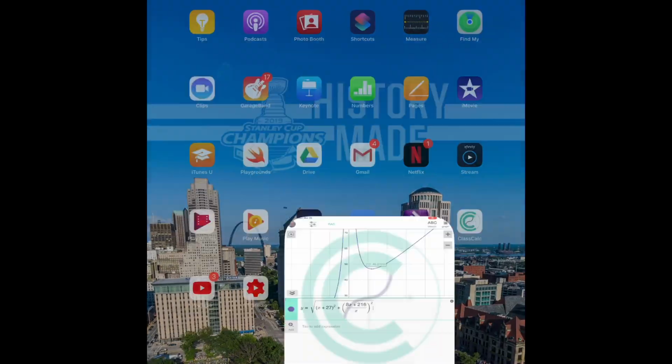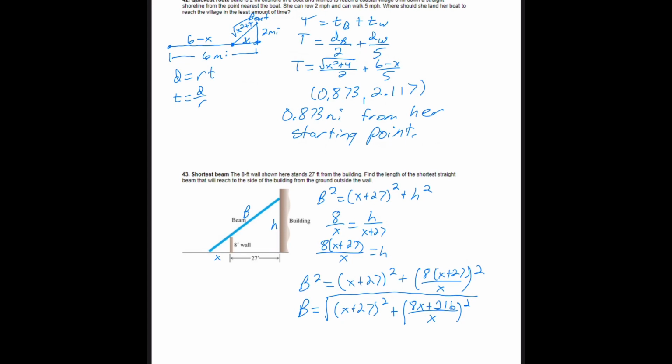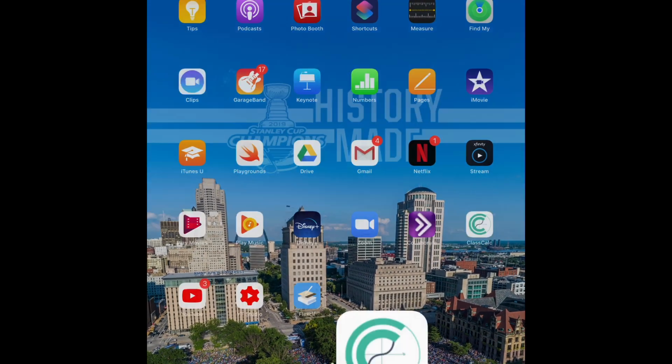Okay, and we zoom out, and we're only looking at positive answers, and so we want to find the minimum value, the shortest the beam can be, and so that gives me the answer there.